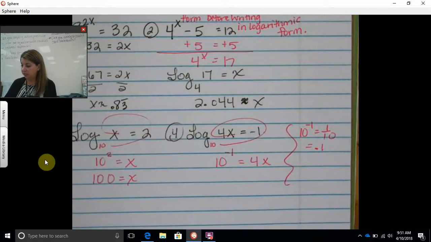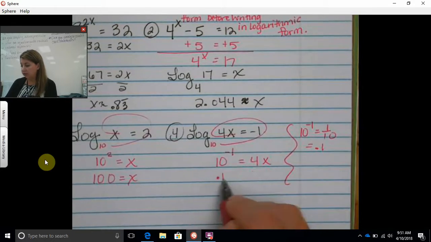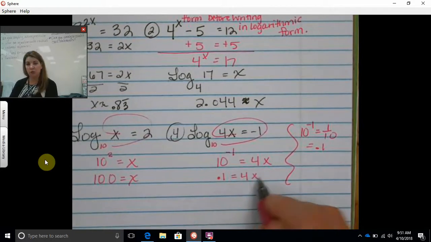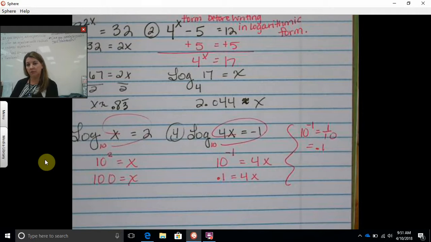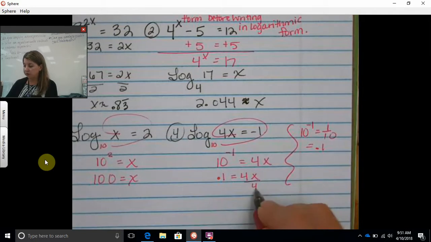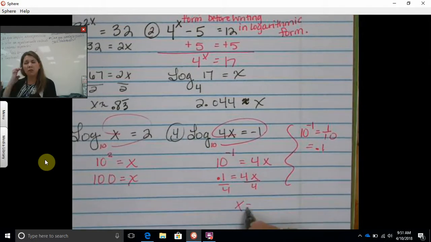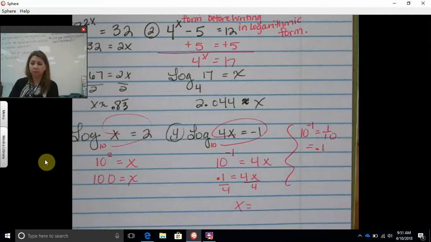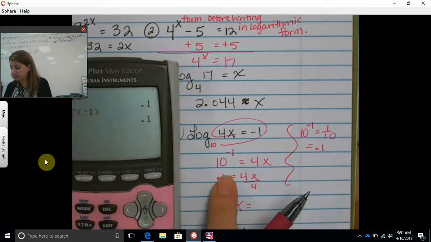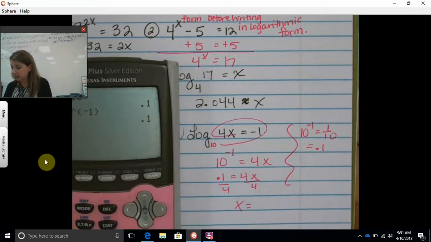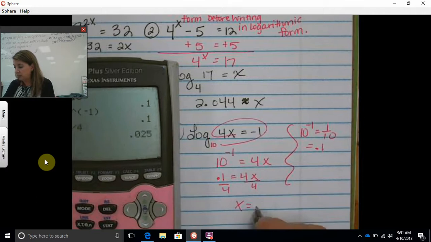So I would change that to 1/10 as a decimal equals 4x. And then of course we would divide by 4. Is x equal to 1/4? No, that's 1/10 divided by 4. 1/10 divided by 4 is 0.025. 25 thousandths.